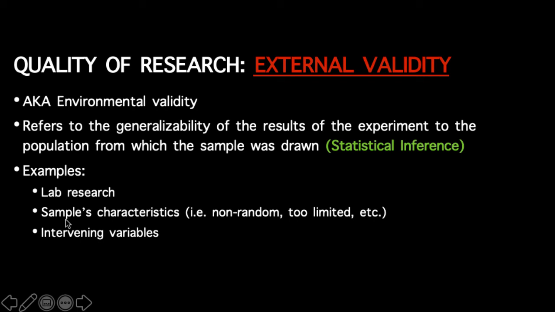It's good to be specific in inclusion and exclusion criteria, but if the sample characteristics are too limiting, we can't generalize to as large of a population. Intervening variables can also affect external validity, very similar to the ways that they affect internal validity. They're just variables that creep into your study design or into the generalizability of your study design that maybe you hadn't thought of to control for.